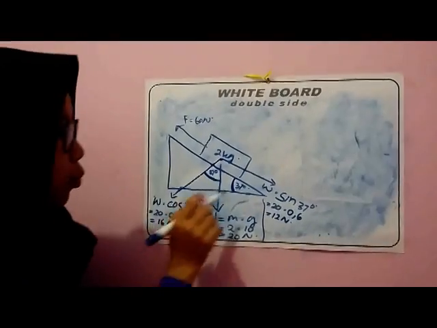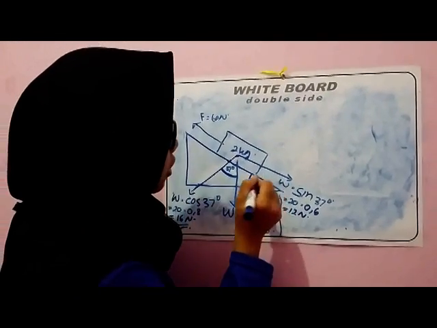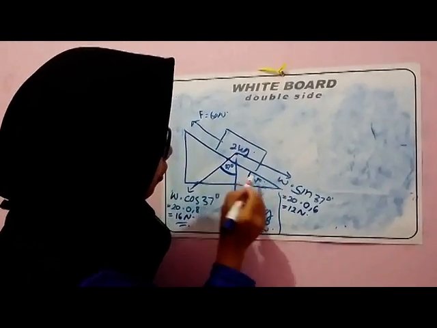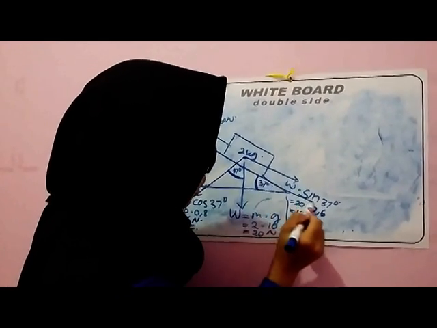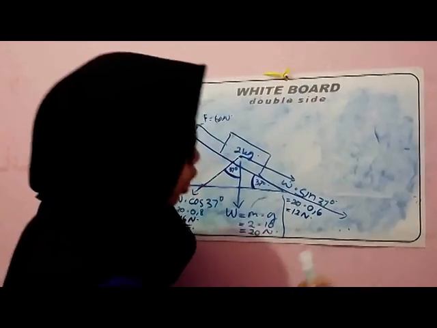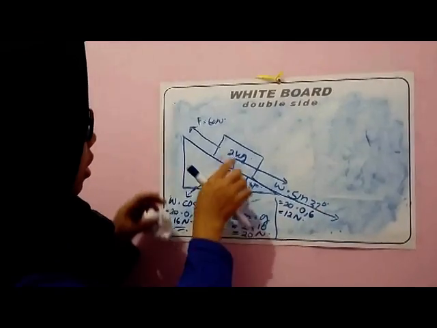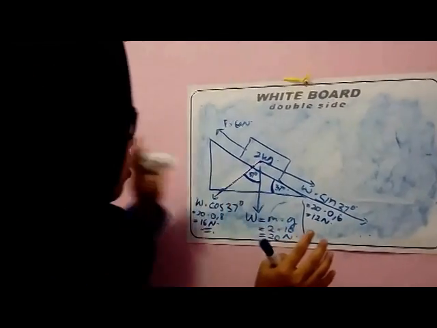And this box has friction too, and the direction of friction is here to the right because this box is moving to the left.